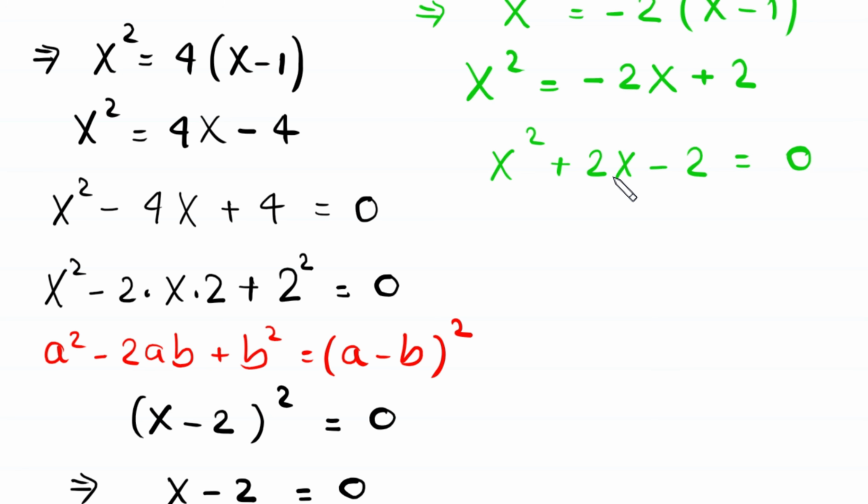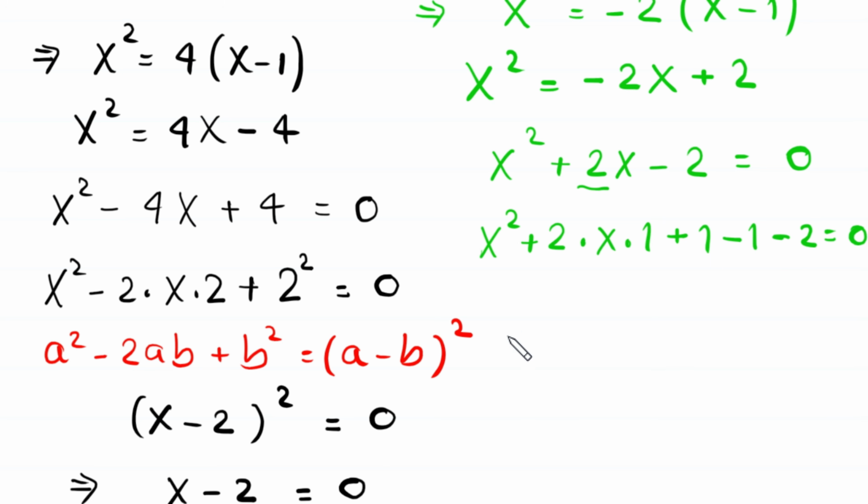Now this quadratic equation is not factorable, so we solve it by completing the square method. We can rewrite this equation as x squared plus 2x, which is 2 times x times 1, and to complete the square we add 1. We also subtract 1. This negative 2 equal to 0.